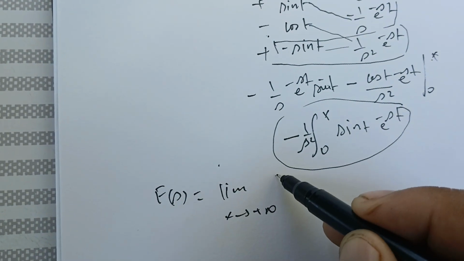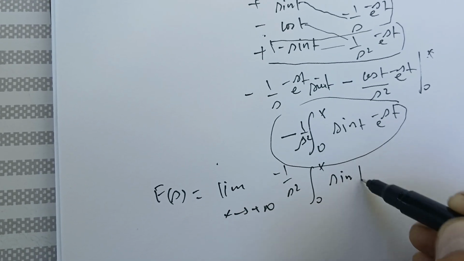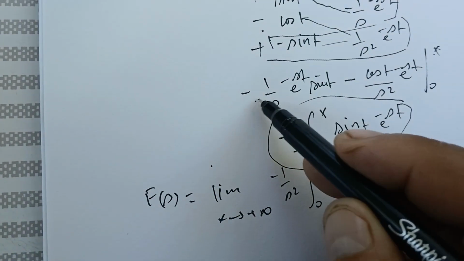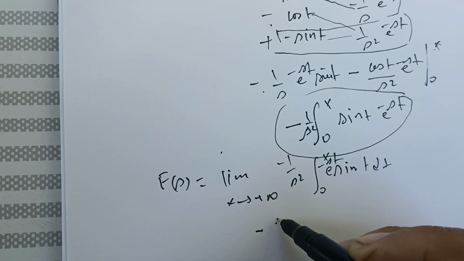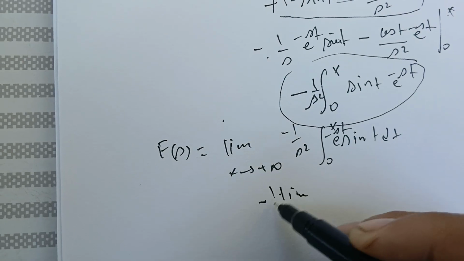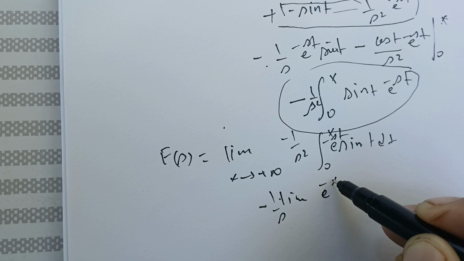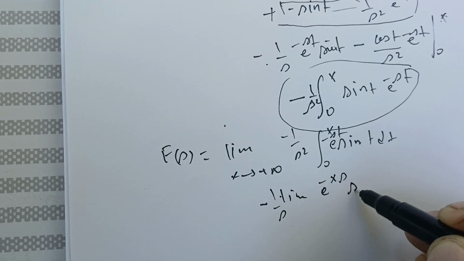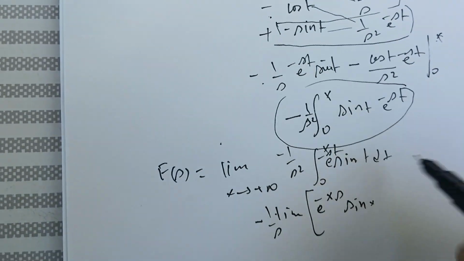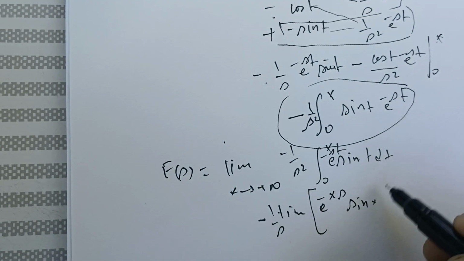I'm going to take this one to the front. So this one is minus 1 over s squared, the integral between 0 and x of sine t e to minus st dt, minus the limit of 1 over s e to minus xs sine x. I'm evaluating this one, and when I plug in 0, I get 0, and I move to the next one.